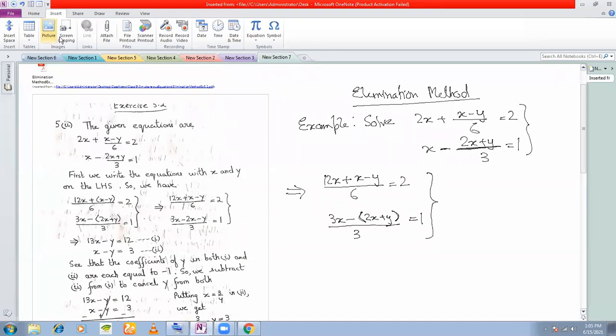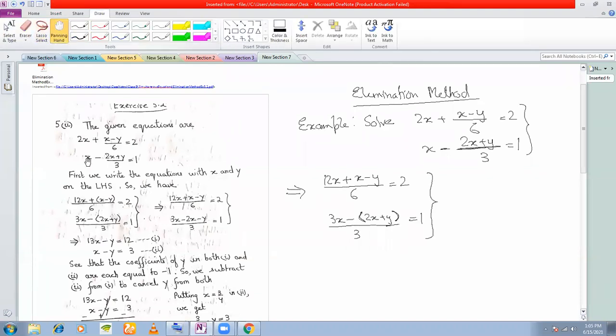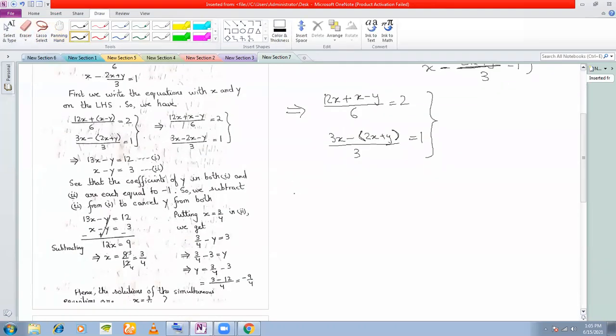So this is next. You have 13x minus y divided by 6 is equal to 2. And here you have 3x minus 2x minus y divided by 3 is equal to 1.